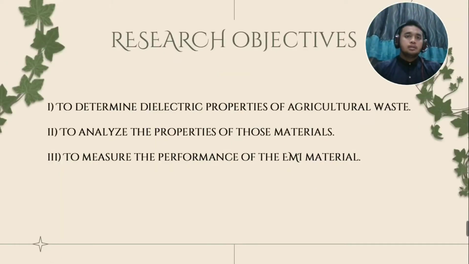So let's begin. For number 1, we determine the dielectric properties of agricultural waste, and number 2, to analyze the properties of this material, which is the EMI material. Number 3, to measure the performance of the EMI material. So it is all about agricultural waste and material. So let's go to the next one.